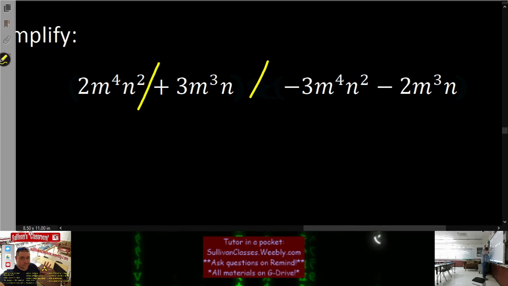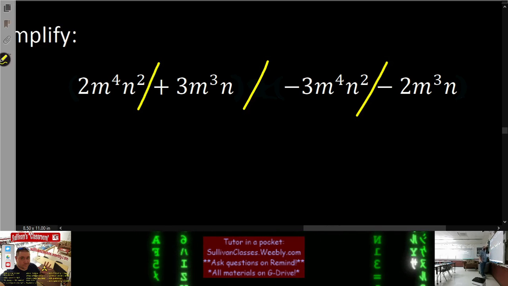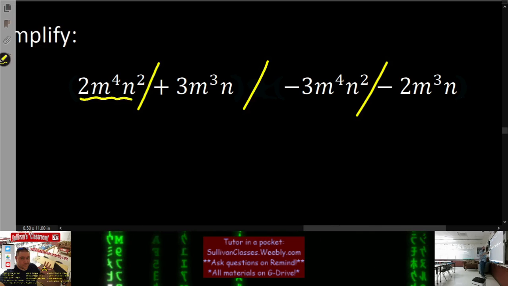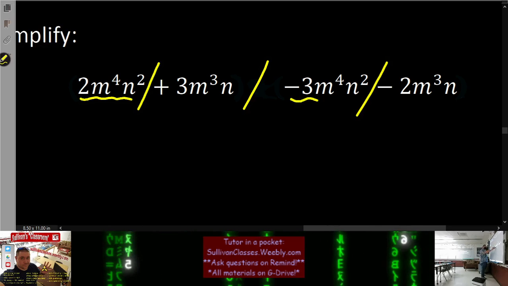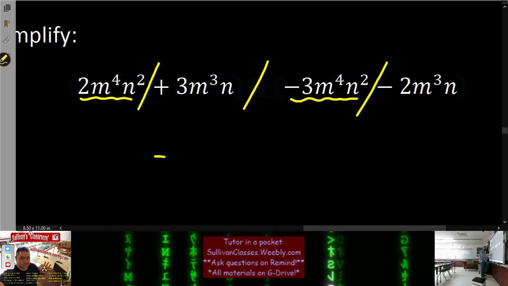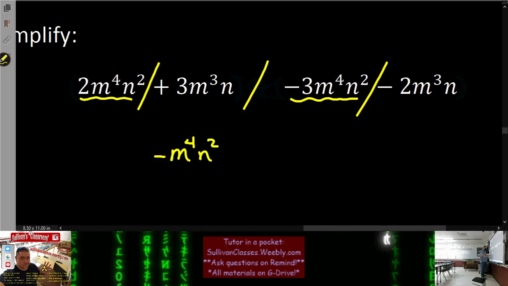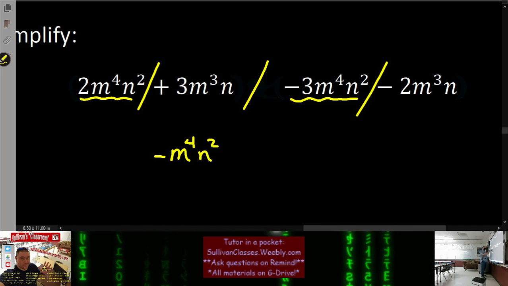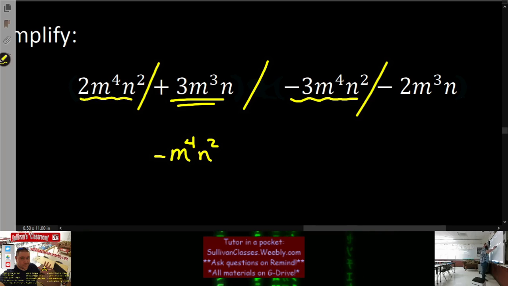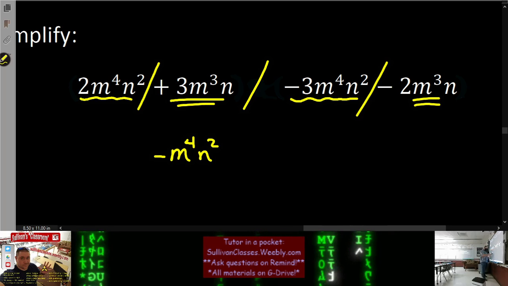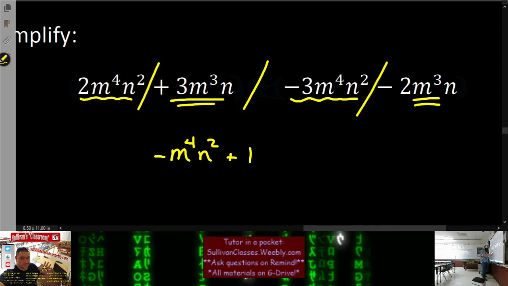So you combine like terms and say 2 big monsters minus 3 big monsters is negative 1 big monster. 3 big monsters minus 2 big monsters is 1 big monster.